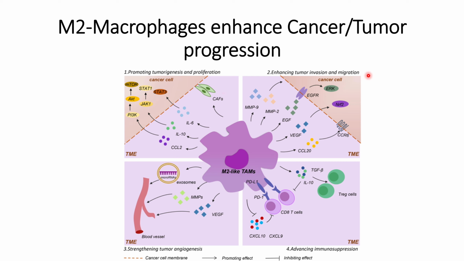Next, we will talk about enhancing tumor invasion and migration. So in this case, the cytokines that are released by the M2 like TAM, that is EGF and VEGFR, help in promoting EMT characteristics, or EMT signaling pathways within the tumor cells, such as the ERK pathway and NRF2 pathways.